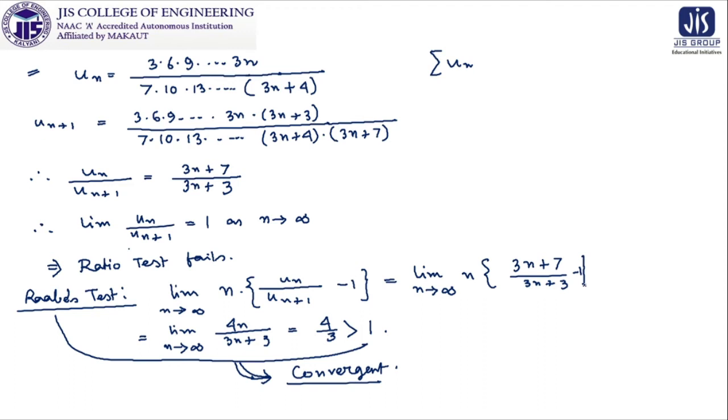So now I think it is clear why various types of tests are introduced: not only for simplicity in finding the convergence property of a series, but also because when one test fails, we can go for another test and find out the property of this particular problem.